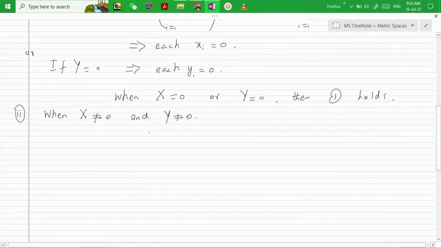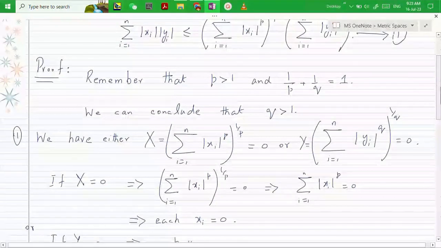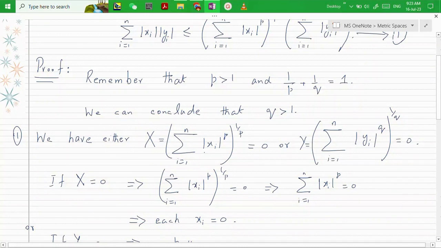When both capital X and capital Y are non-zero, it means that X and Y are non-negative. Obviously they are non-negative because it is not possible that X and Y are negative, because here is a mod. You can see the value of capital X involves the summation of all these modulus power p, and likewise in the capital Y, that's equal to the summation of all these mod of yi power q.